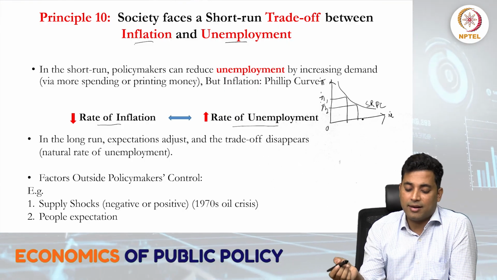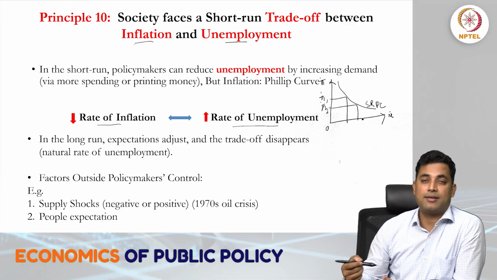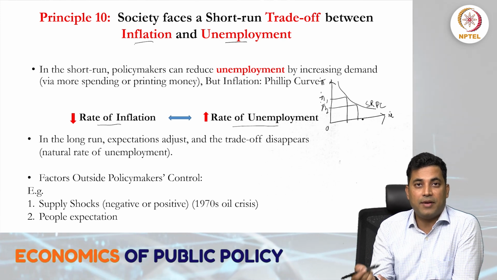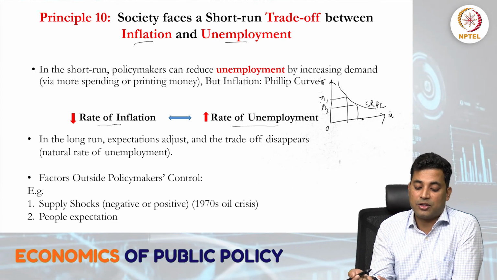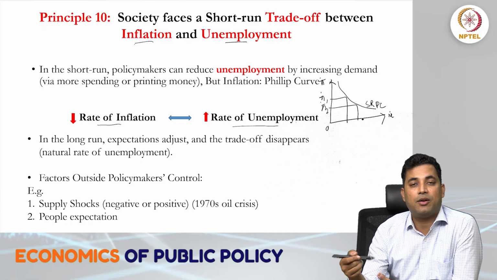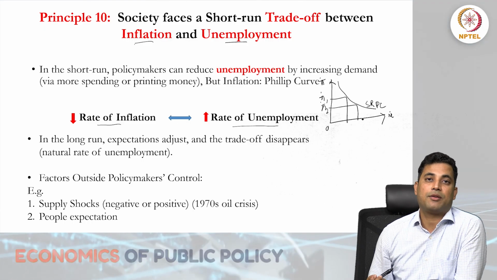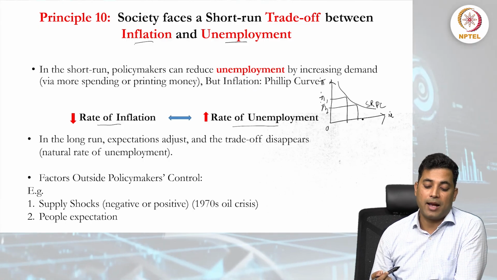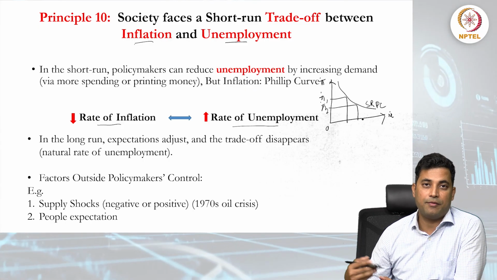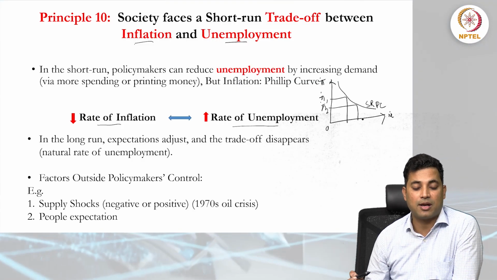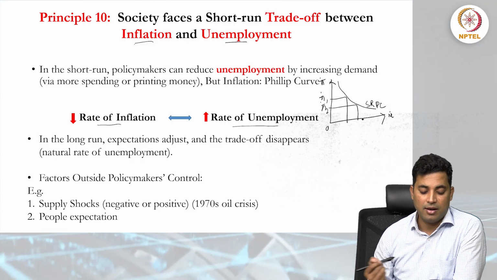In the long run it doesn't happen, and that is the discussion of the natural rate of unemployment. It gets fixed at the natural rate of unemployment, and then inflation increases, but it doesn't have any relation with unemployment or output, and that is fixed at one point. Therefore the long-run Phillips curve is a vertical straight line.